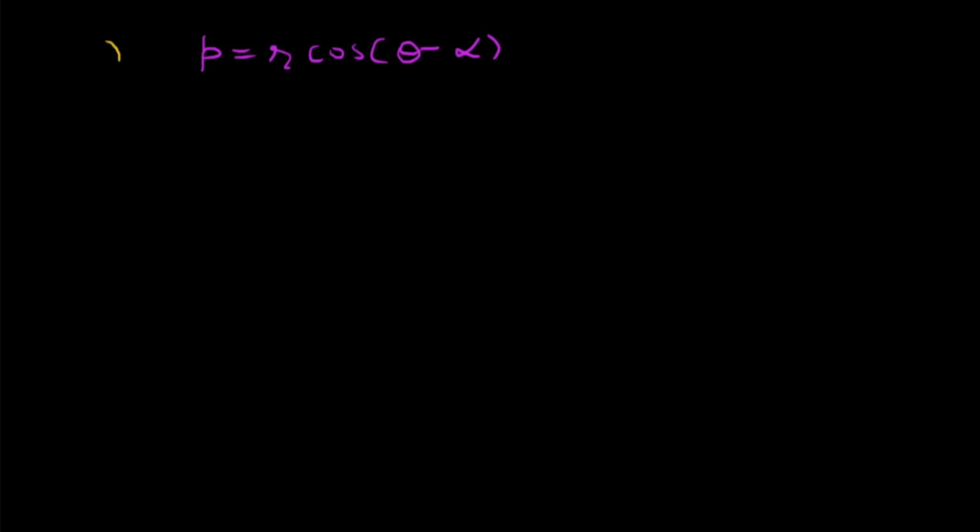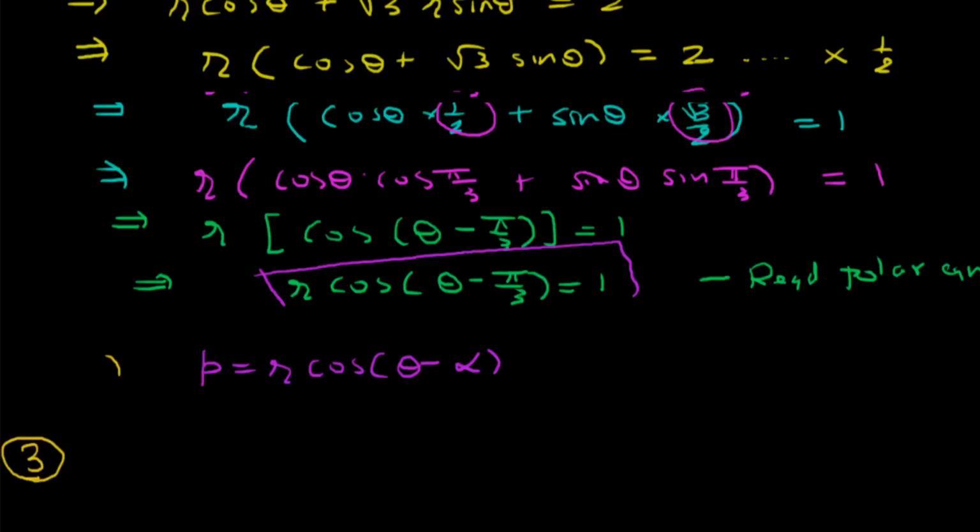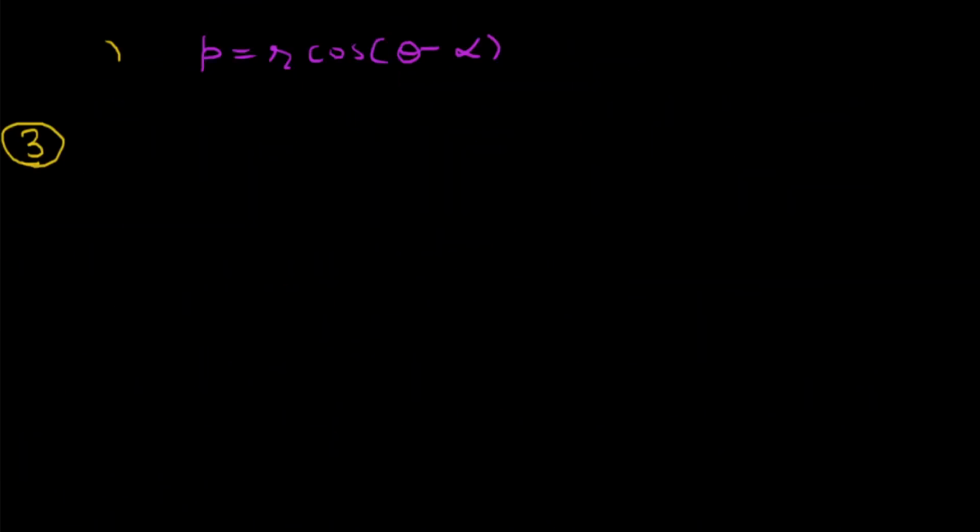So the third example, no sorry, it is the fourth example. What I am going to do is take some simple polar equation and find its Cartesian equation.